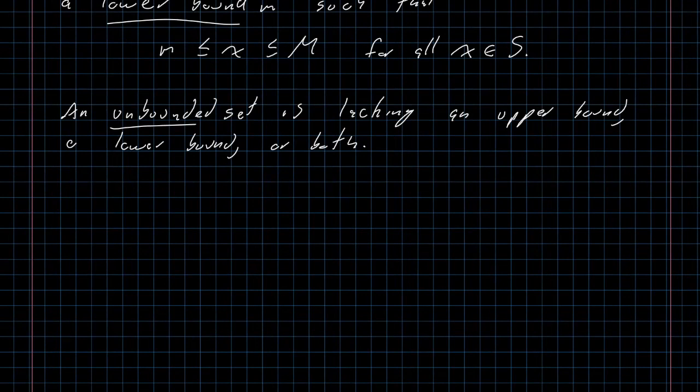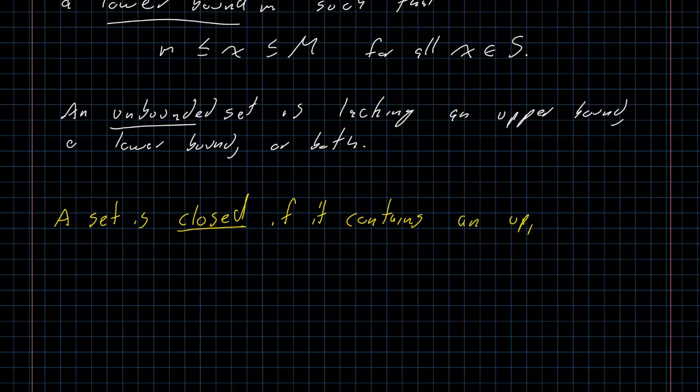One of the interesting things about having a bounded set, there's a lot of detail here that I'm not going to get into because it's not all that important for what we're doing.